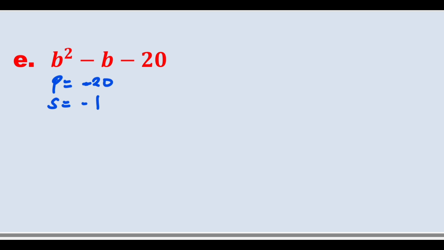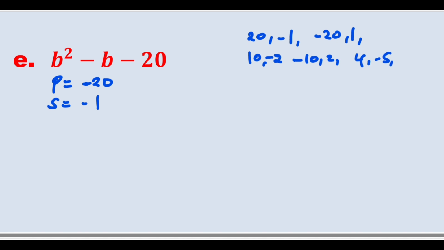So think about two numbers such that when you multiply them, you get negative 20 as the product. Examples are 20 and negative 1, negative 20 and 1, 10 and negative 2, negative 10 and 2. Other numbers are 4 and negative 5, and then negative 4 and 5.